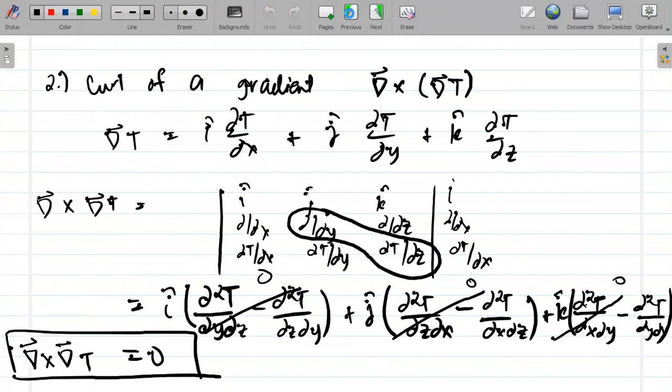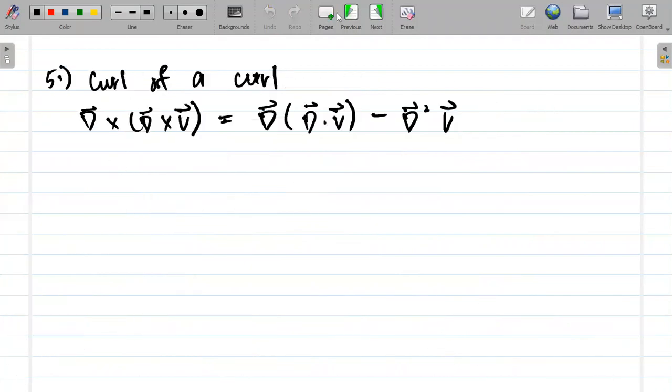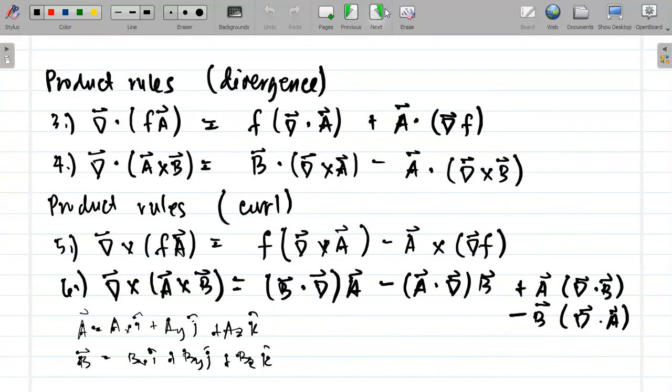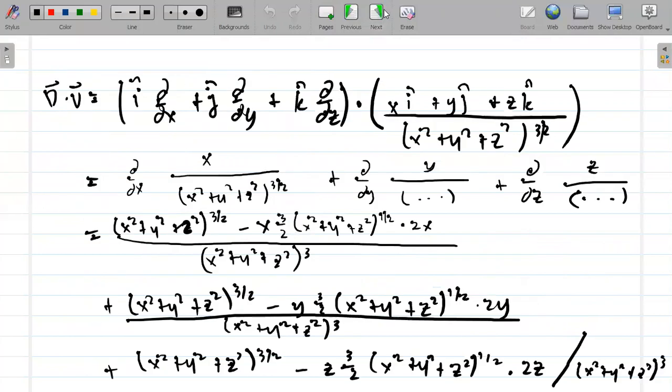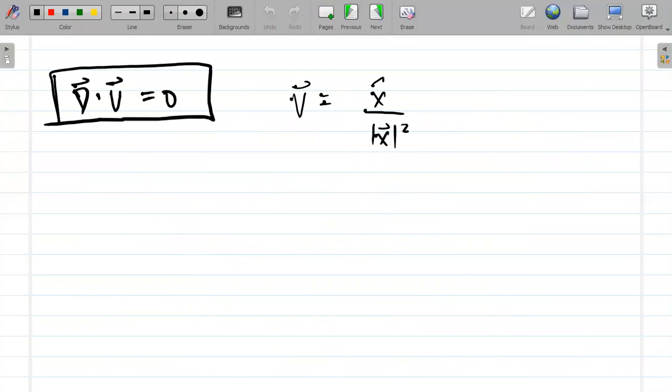Saan na yan? Teka lang. Ay, hindi ko na mahanap. Ayan. From our calculation earlier, 0 yung divergence. So, anong ibig sabihin nun, class? Sino yung mali? Sige, hulaan nyo. Sino yung mali? Tayo or yung graph?